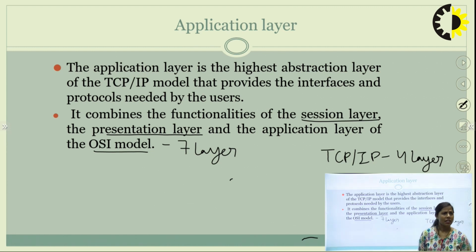It provides the interfaces, whatever we are seeing on the screen or monitor. We use different applications and different software, and these are the various output screens, the interfaces provided by the application layer under the TCP/IP model.